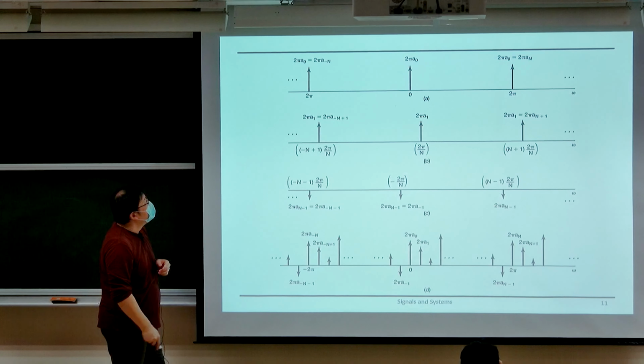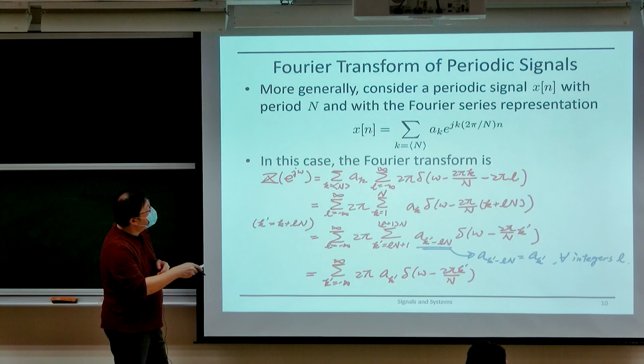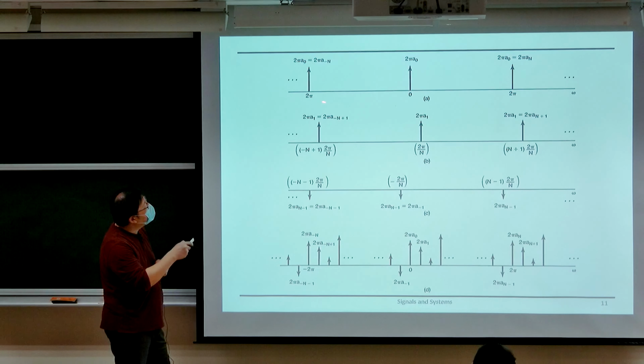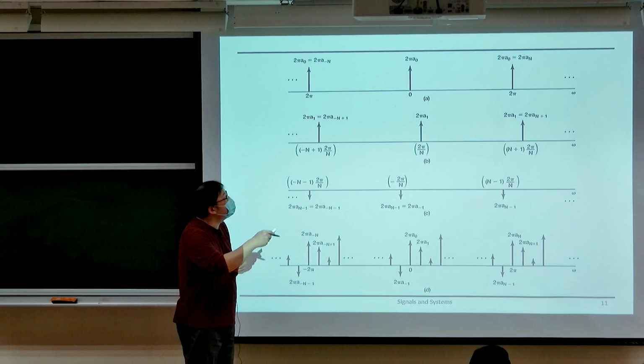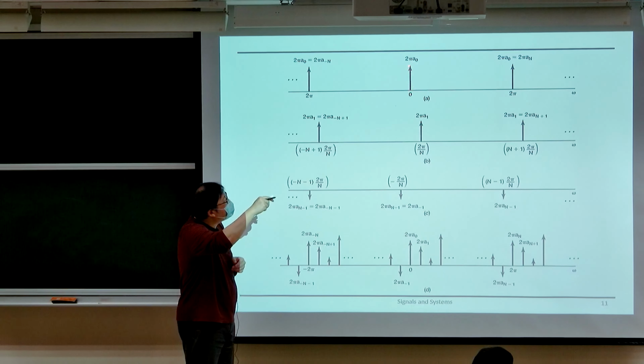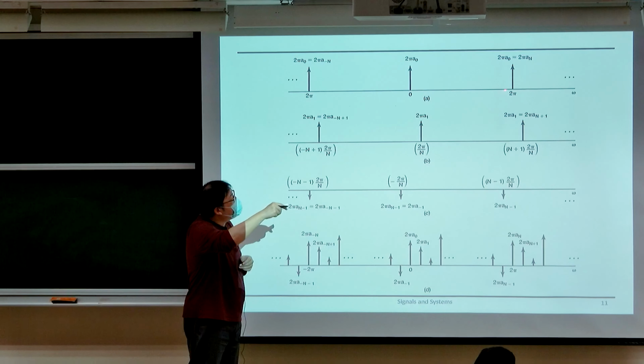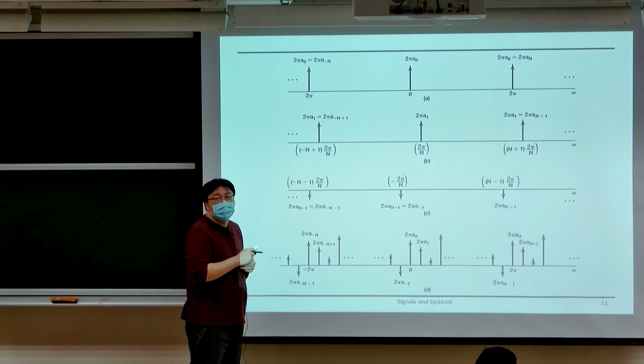So for example, for k equal to 0, you get this. For k equal to 1, you get this. For k equal to 0, you have a delta at frequency 0, but then also at every integer multiple of 2 pi.